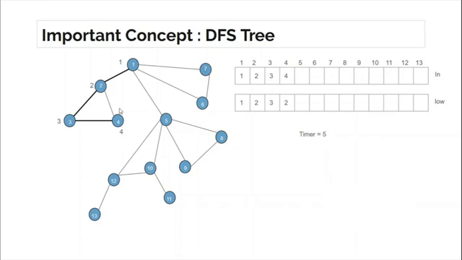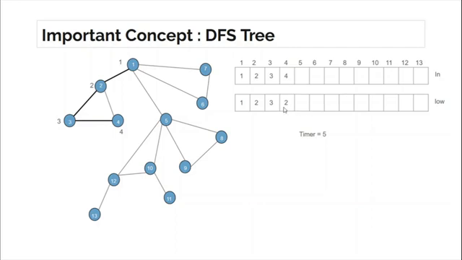So to confirm a node to be an articulation point, we check its in time and the low time of the node from which we have recently made a backtrack. Node 4 has low time 2, while the in time of node 3 is 3.